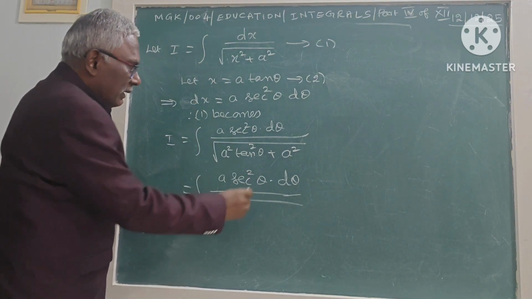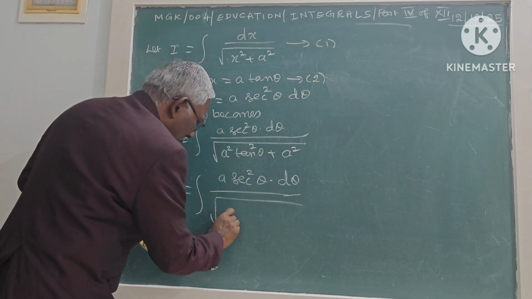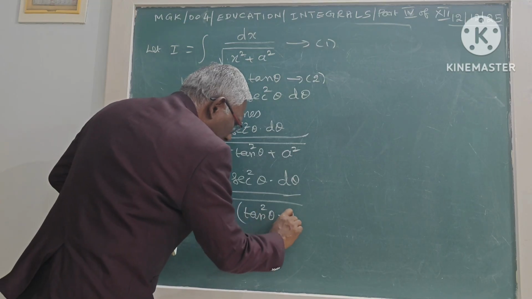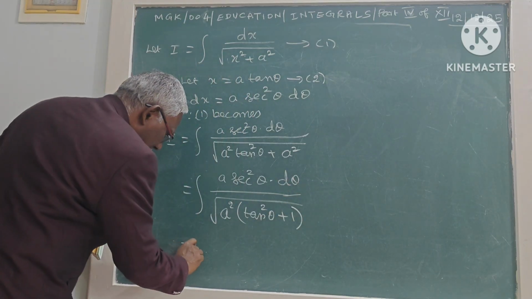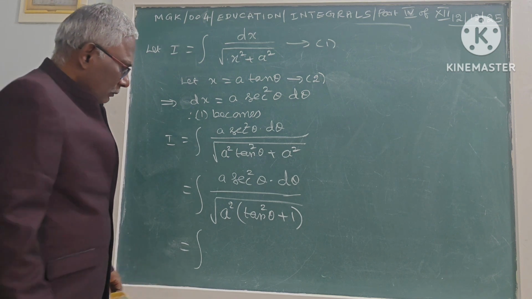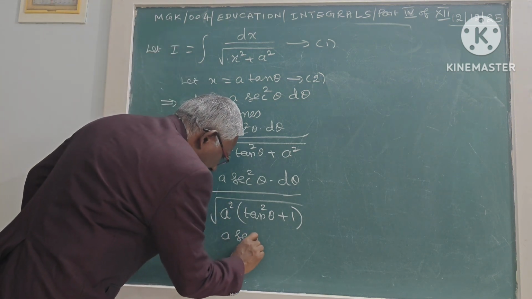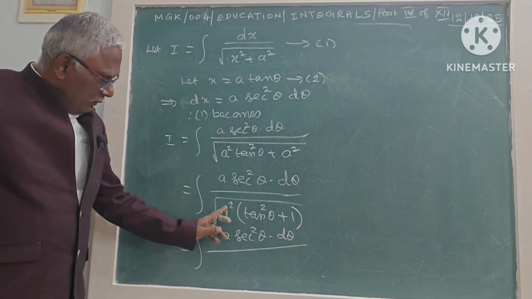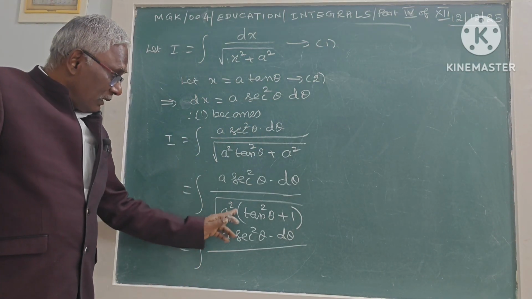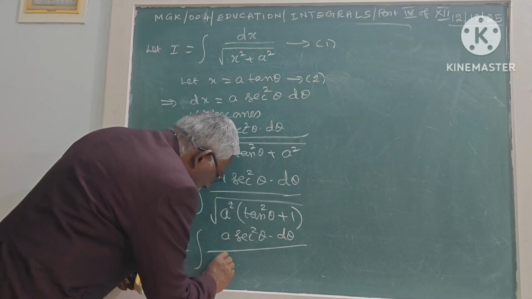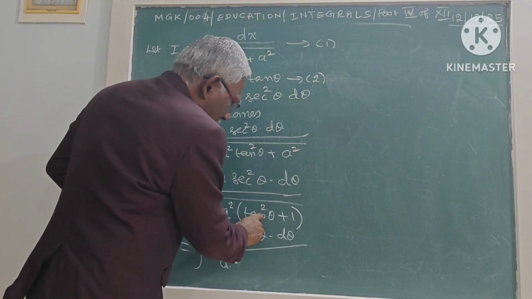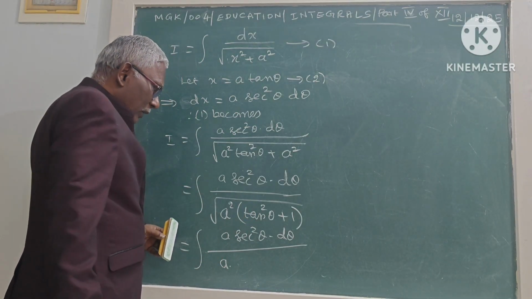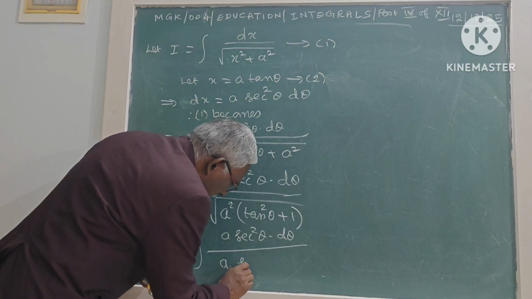Now we take a square commonly outside: a square into tan square theta plus 1. If we take a square outside the square root, that becomes a. Then tan square theta plus 1 is secant square theta. Taking that outside the square root, it becomes secant theta.